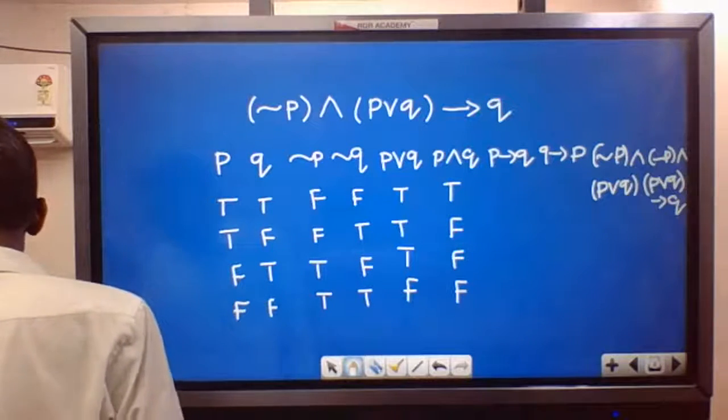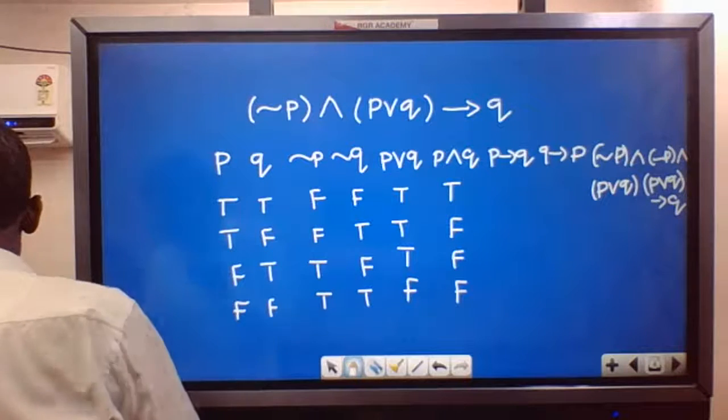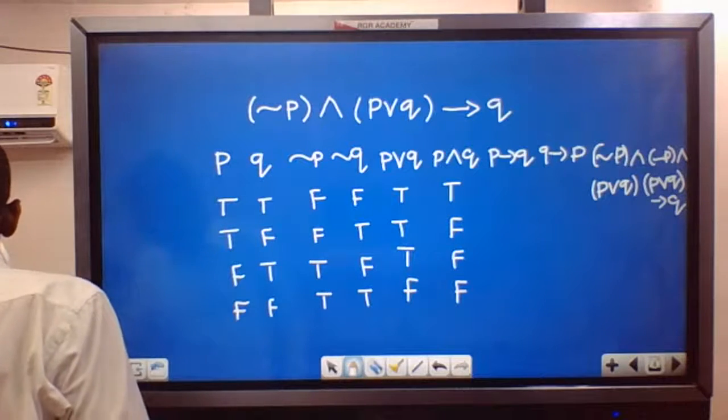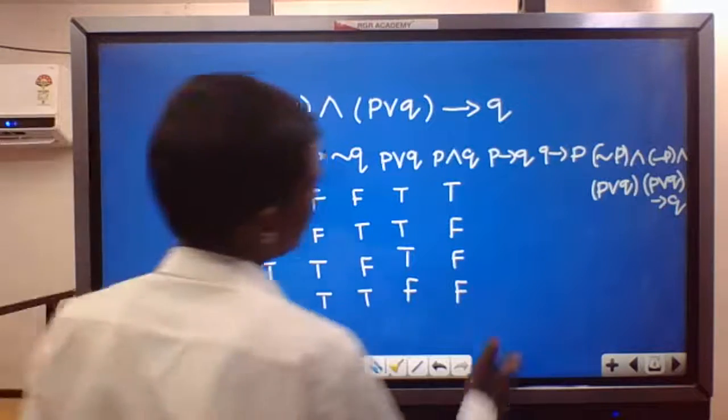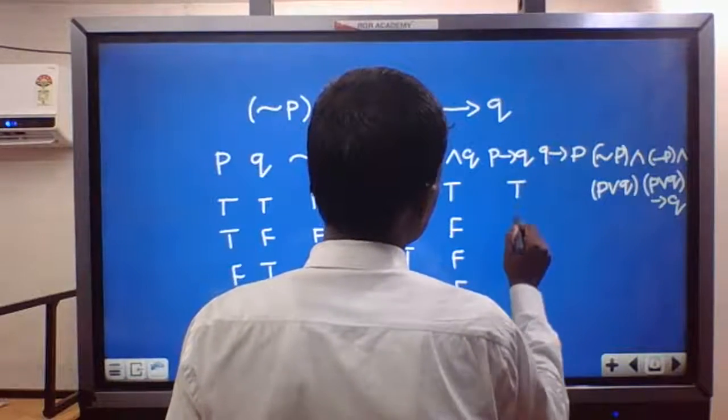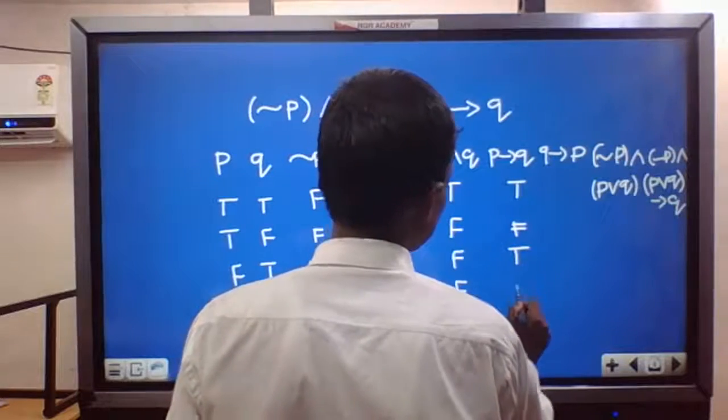The next one, P implies Q: true, false, true, true.